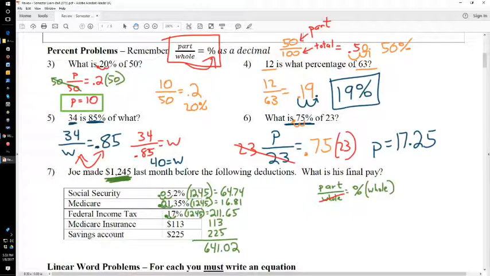That is how much he is paying. So last but not least, he's making $1,245.